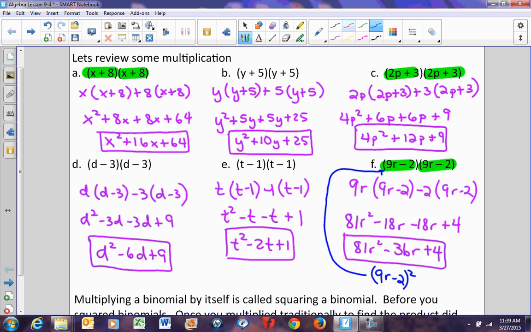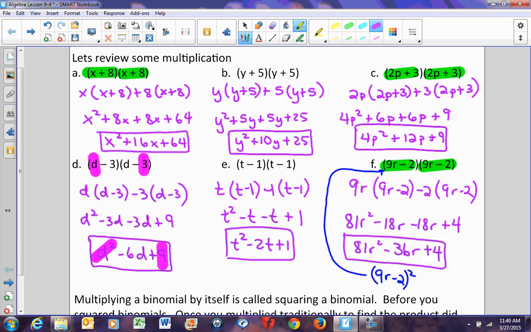Now, once you multiplied and found the product, we should see some sort of a pattern here. I'm hoping that you're looking at this going, wait a second here. If I look really closely, I notice that if I take my first term, d, and I square it, I get that. If I take my last term, negative 3, and I square negative 3, I get 9.